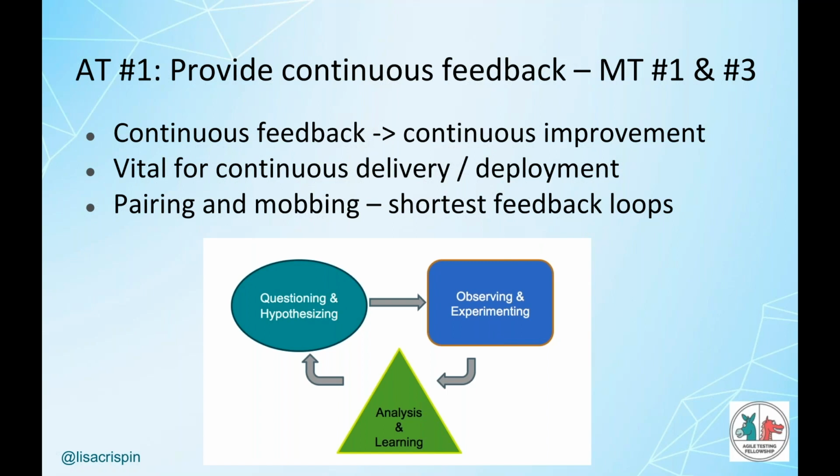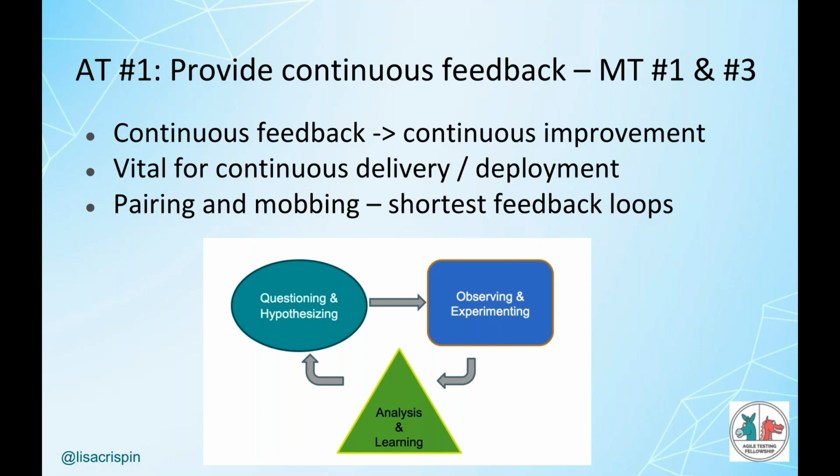So feedback. Testers, we're experts at providing feedback, and we need continuous feedback for continuous improvement. So modern testing principle 1 is the business first, and principle 3 is always learning and improving. We need short feedback loops, especially for teams that are trying to move towards continuous delivery and deployment.